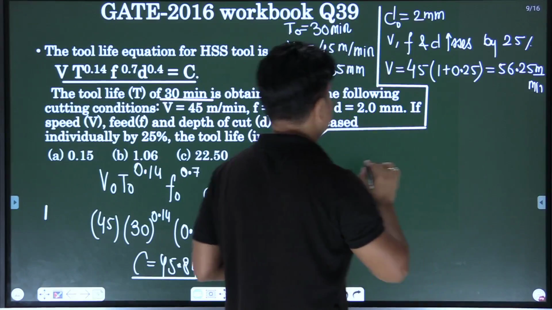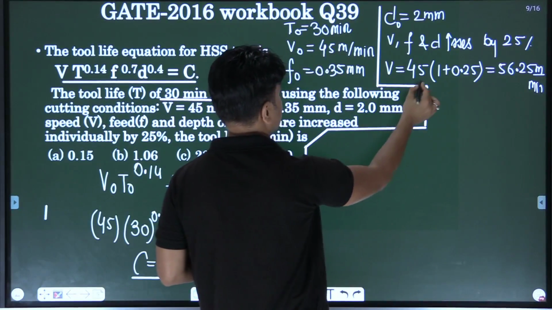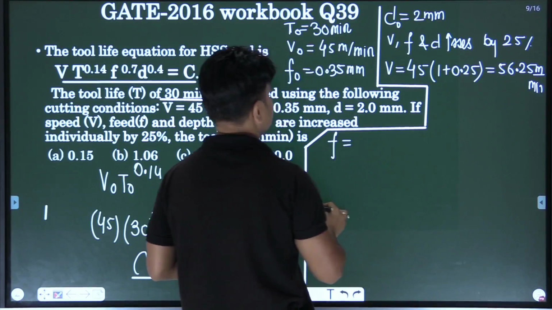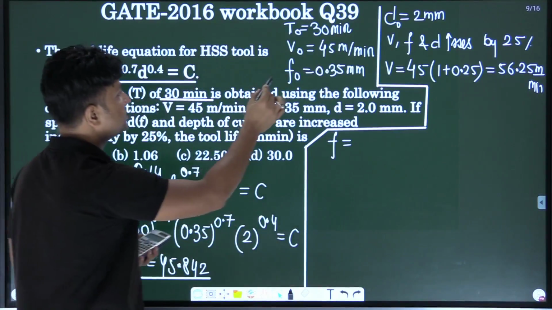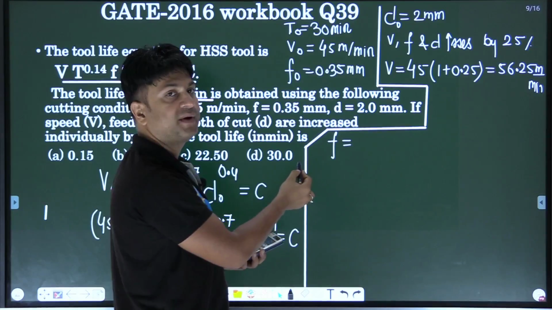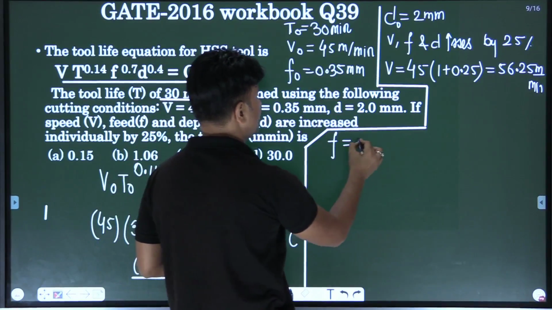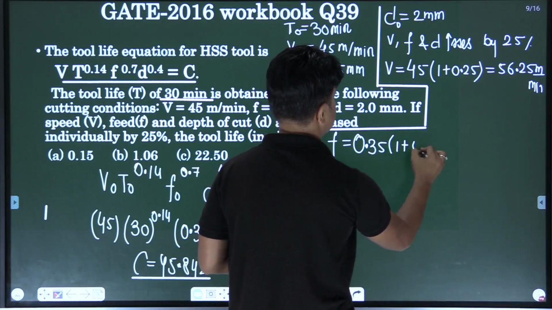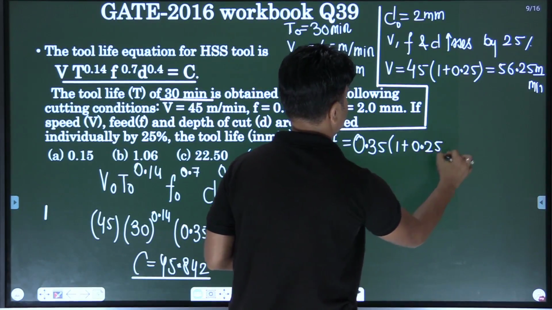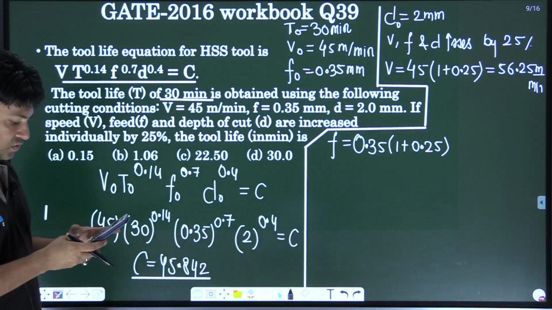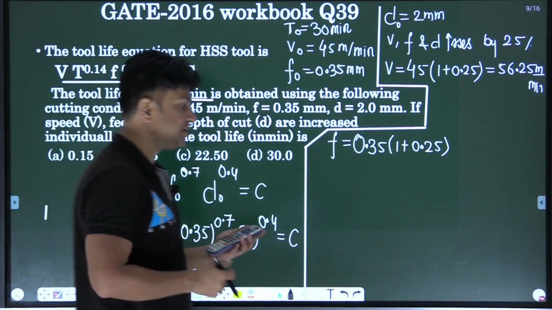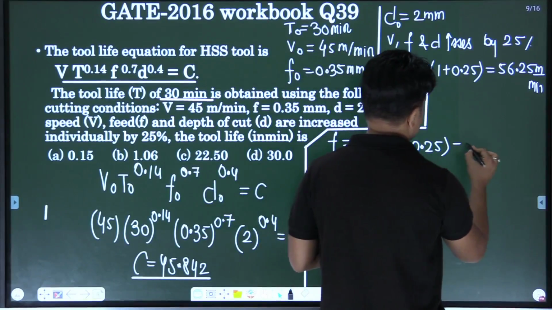Your feed is what? Initial feed is 0.35. If you increase the feed by 25%, then feed is 0.35 into 1.25, it comes 0.4375 mm.